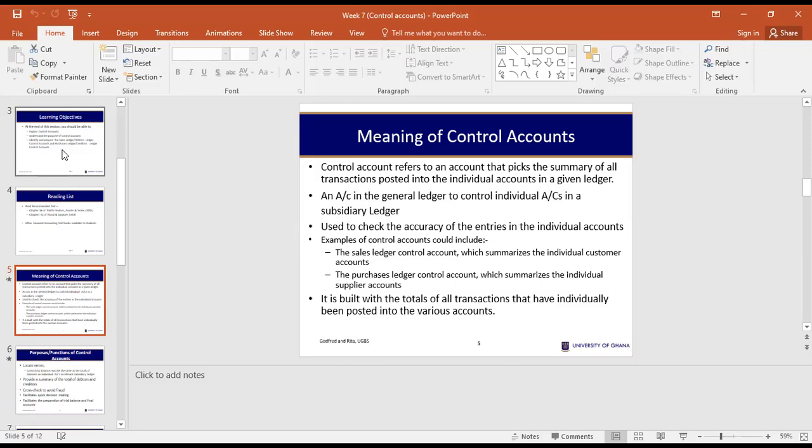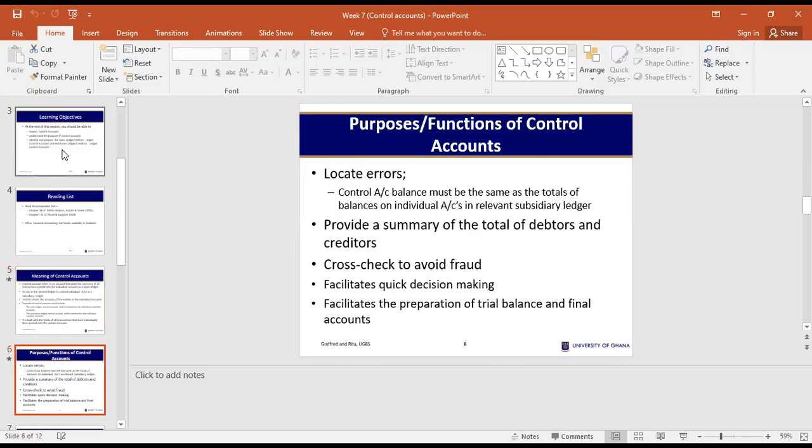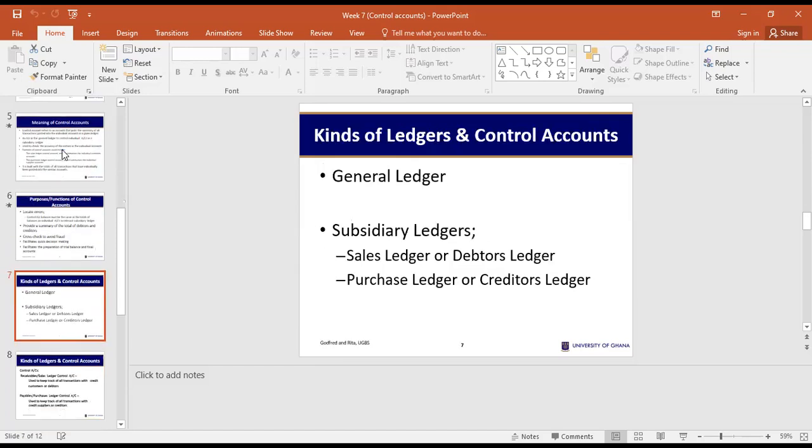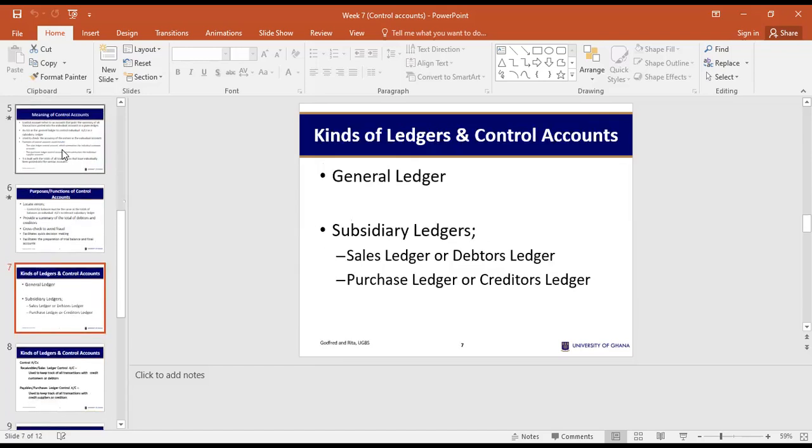As we move on, I will explain some of these things. So that's the purpose of the control account: one, to locate errors, and provide a summary of the total debtors and creditors, and cross-check to avoid fraud. These are the kinds of control accounts. We have the general ledger, and then the subsidiary ledger, sales ledger, debtors ledger, and all that.